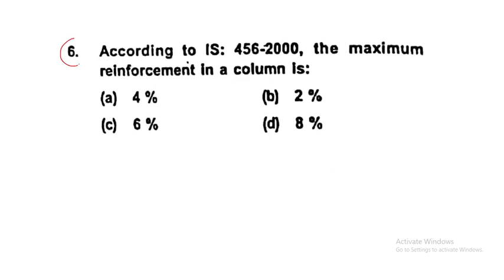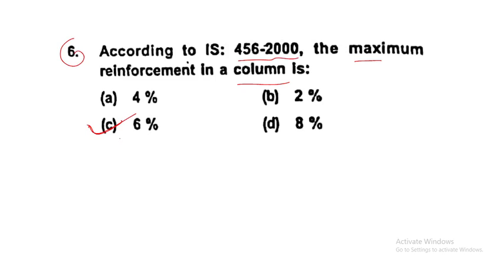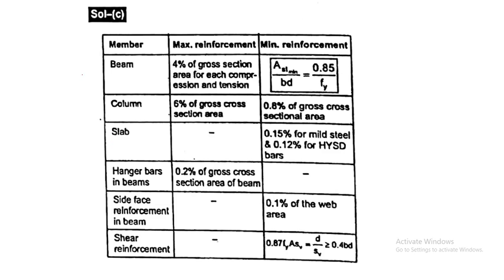Next question. According to IS 456, the maximum reinforcement in column is, maximum reinforcement I have already told you, that is 6%, right? Now you can see first beam 4% of the gross section area of each compression and tension, right?